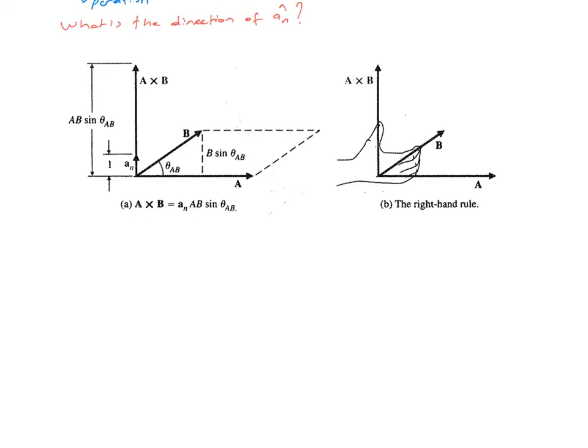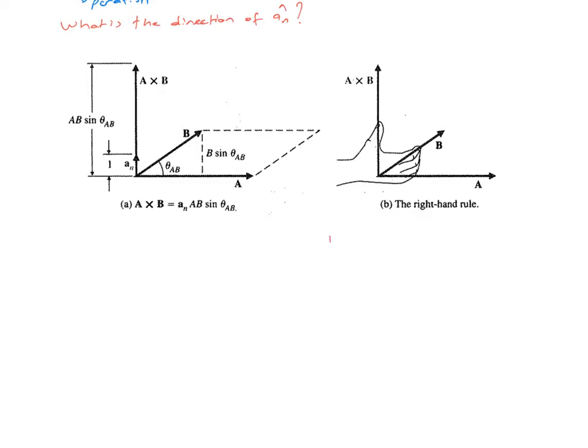The direction of unit normal vector A sub n follows that of the thumb of a right hand when the fingers rotate from A to B. So, the direction of unit normal vector on this figure is upwards. This rule is called the right hand rule.